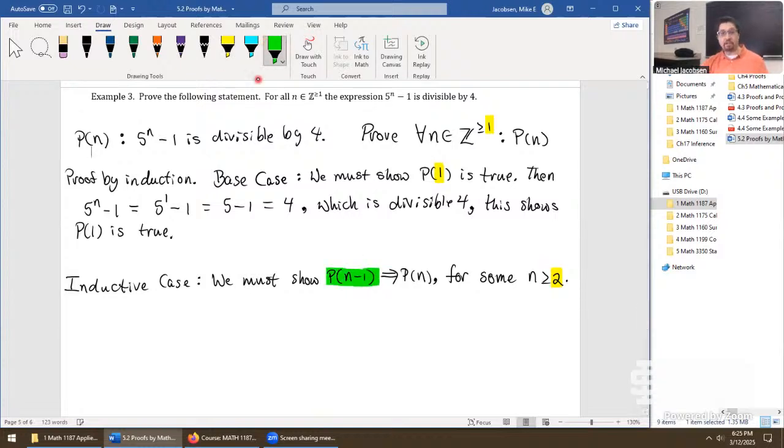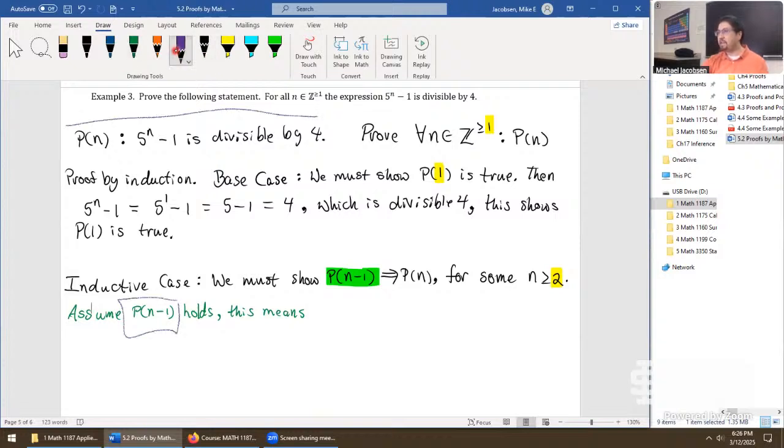Because we're proving an implication in the inductive case, the very first step now is assume P(n-1) holds or is true, however you like to phrase it. This means that if we're talking about P(n-1), we go up here and just adjust the index n to n-1.